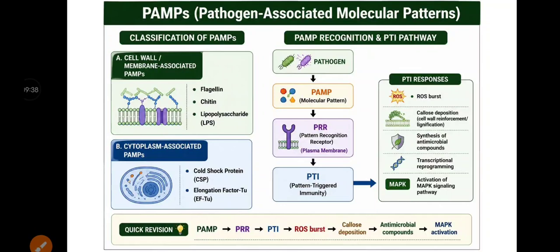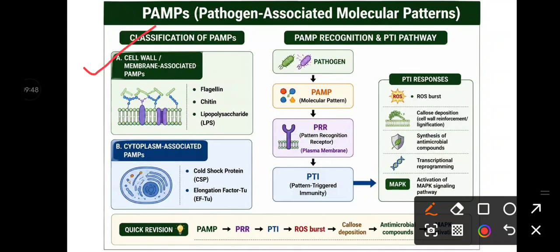Based on the localization where these PAMPs are present, they are classified into two major groups: cell wall or membrane associated PAMPs and cytoplasm associated PAMPs. The examples of cell wall or membrane associated PAMPs are flagellin, chitin, lipopolysaccharide. Means these are present at the outer region of the pathogen.